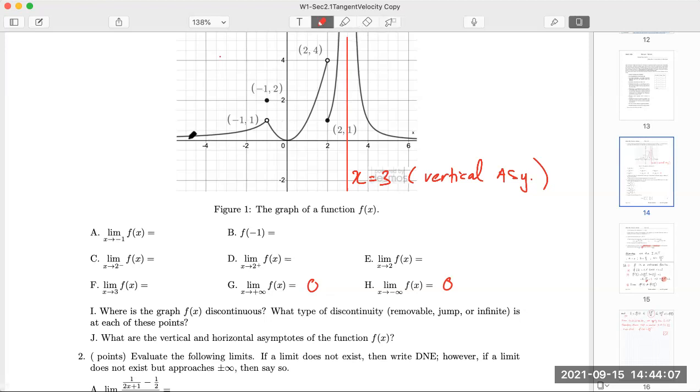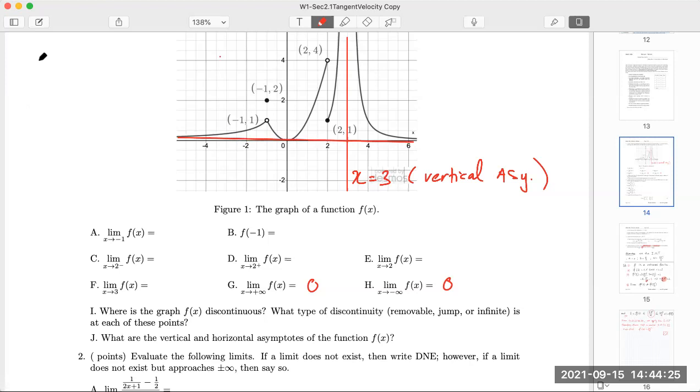Therefore, it has only one horizontal asymptote here. Not a good drawing, but you see it, right? This is the x-axis.